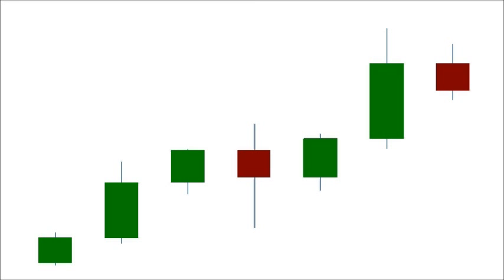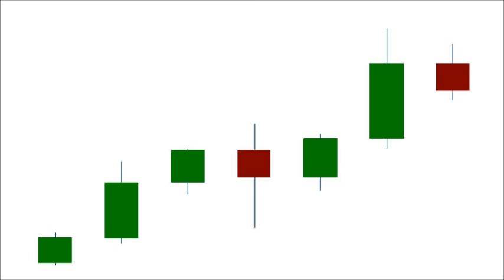Candle 6 is a breakout. And candle 7, which has a lower high and a higher low, an inside period, is a form of consolidation. When you encounter this after an up move, more than 50% of the time, it can result in higher movements.